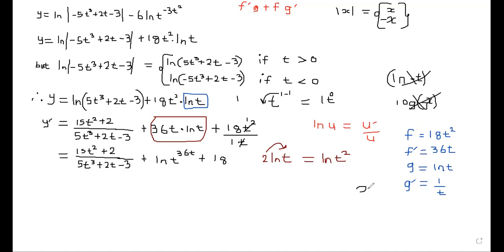So this is like saying x squared over x, because you are dividing, you're going to subtract the exponent. So this is like saying x to the power 2 minus 1, which is just x. Even here, what happens is you're saying 2 minus 1. You're dividing, so you subtract the exponents. So this becomes just 18t.